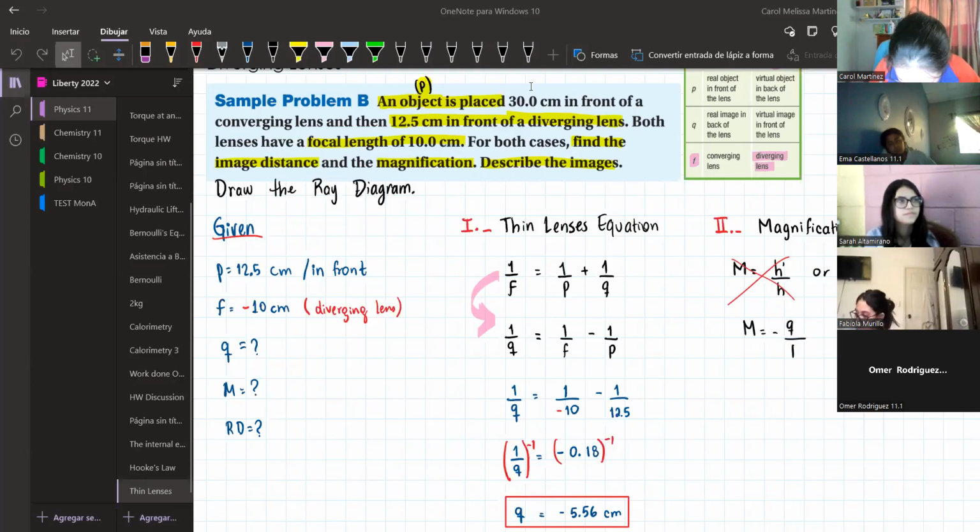This is equal to negative Q, that is negative 5.56 centimeters, all divided by P, that is 12.5 centimeters.